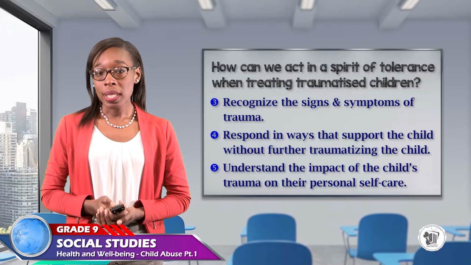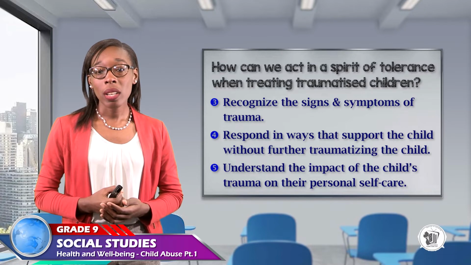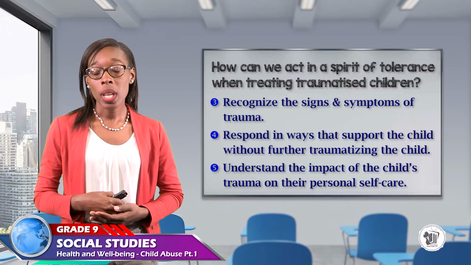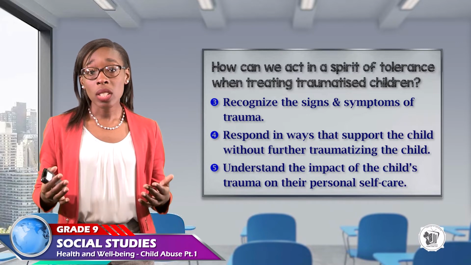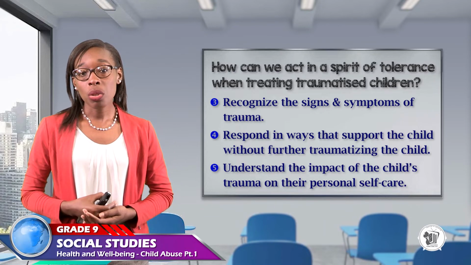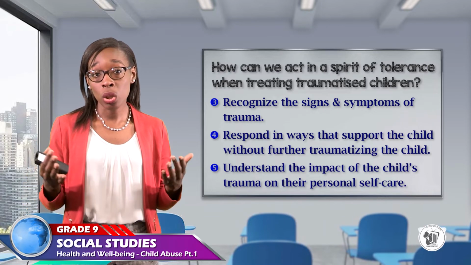The fifth point is understand the impact of the child's trauma on their personal self-care. Sometimes, based on the level or the impact of the trauma, it may cause a child to not utilize good self-care.